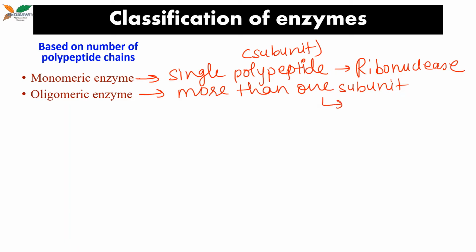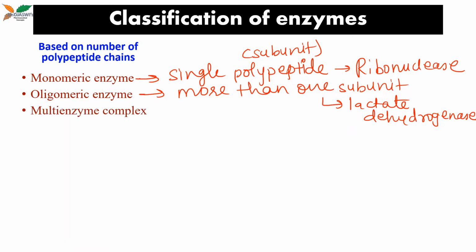A very good example of oligomeric enzymes is lactate dehydrogenase. This example we can remember. There are many examples like aspartate transcarbamylase, that is also an oligomeric enzyme.